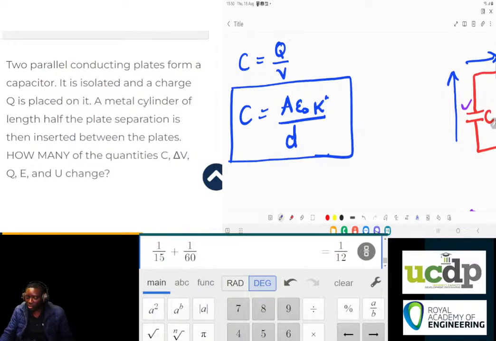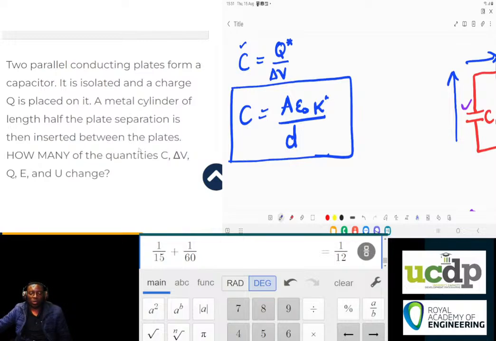So charge remains constant. But because capacitance changes, something else has to change. What then changes to counter the change in the capacitance? The voltage. Yes, the voltage will also change.